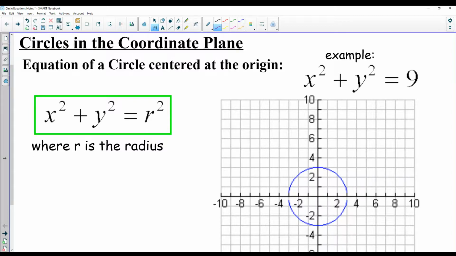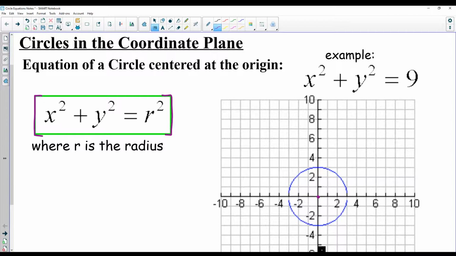Now, this is our equation of a basic circle if it's centered at the origin. So if you look at this one, it's centered at the origin at 0, 0. There's no shifting there, okay? But what's important here is that we have an x squared and a y squared and an r squared.